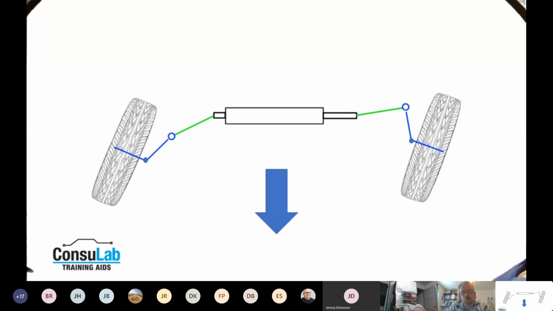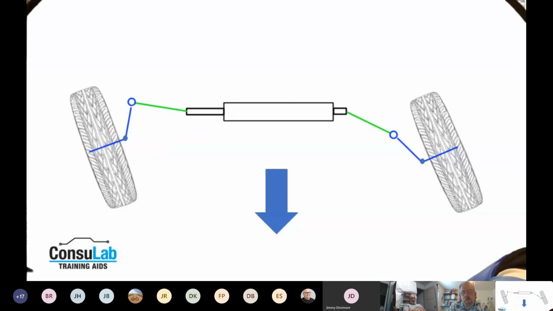The inside wheel has to turn in a tighter arc. So it's the shape of those arms and the geometry of it that actually causes this. And the same when we go in the opposite direction. So again, the inside wheel must turn further. Now, things that can affect this.